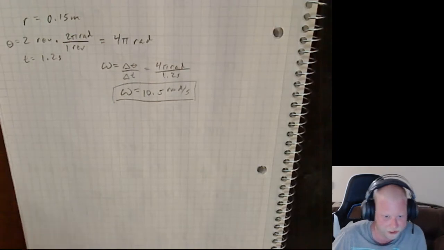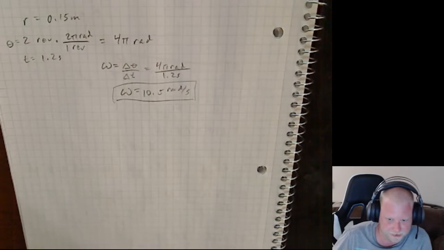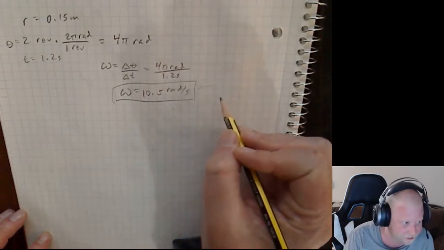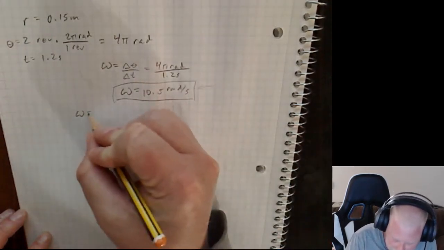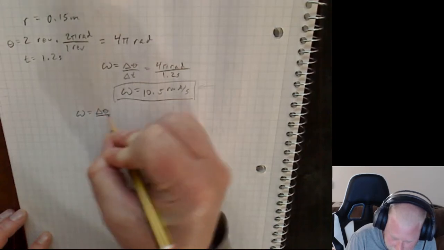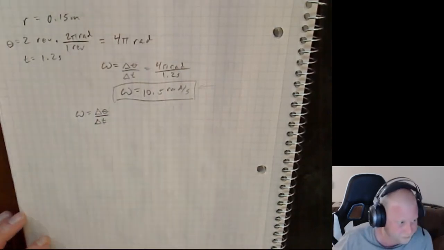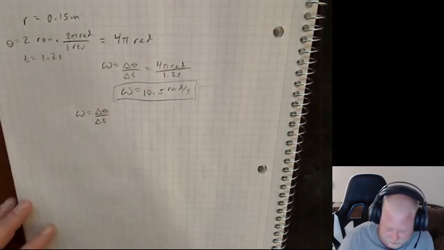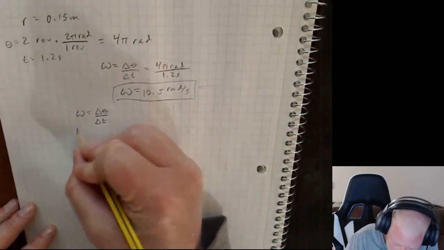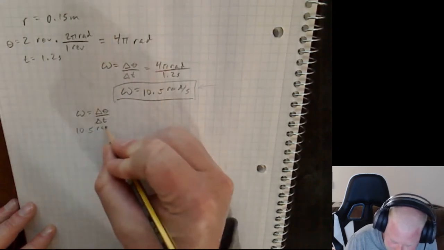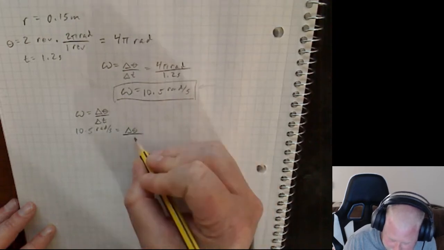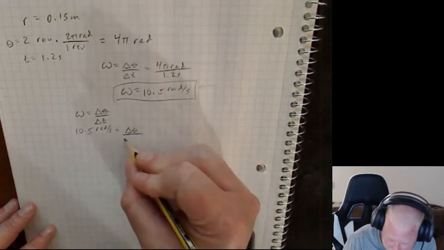Now the second thing we want to know is what is the ball's angular position at time equals 2? Well, this is a constant angular velocity that we just found, so again, we look at our equation for a constant angular velocity, where it's change in angular position over time. We have 10.5 radians per second is equal to our unknown position over 2 seconds.